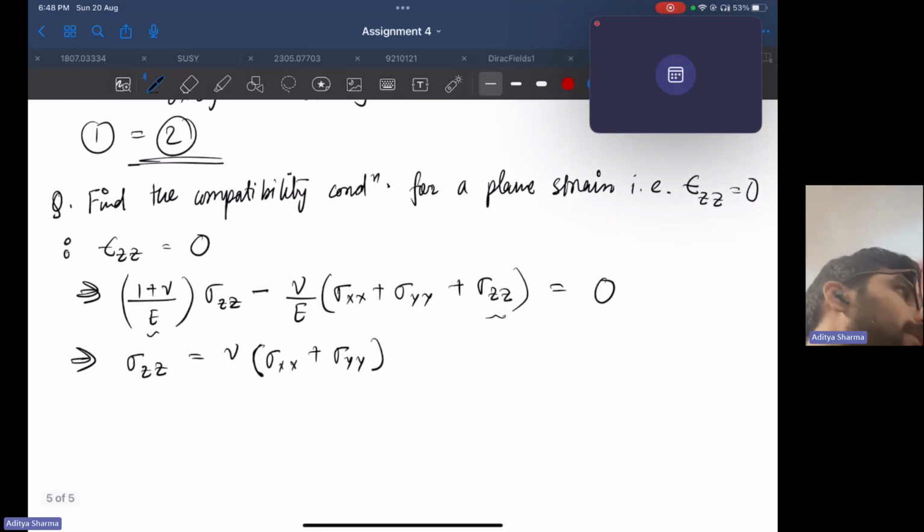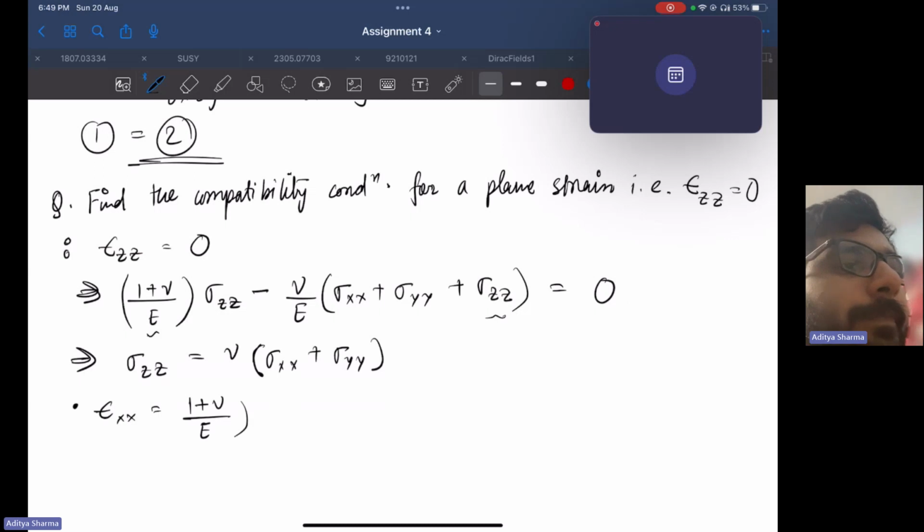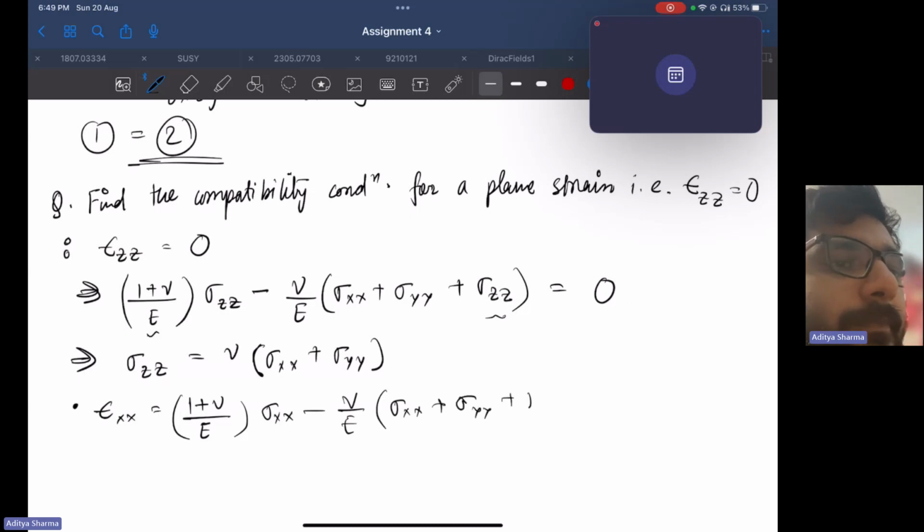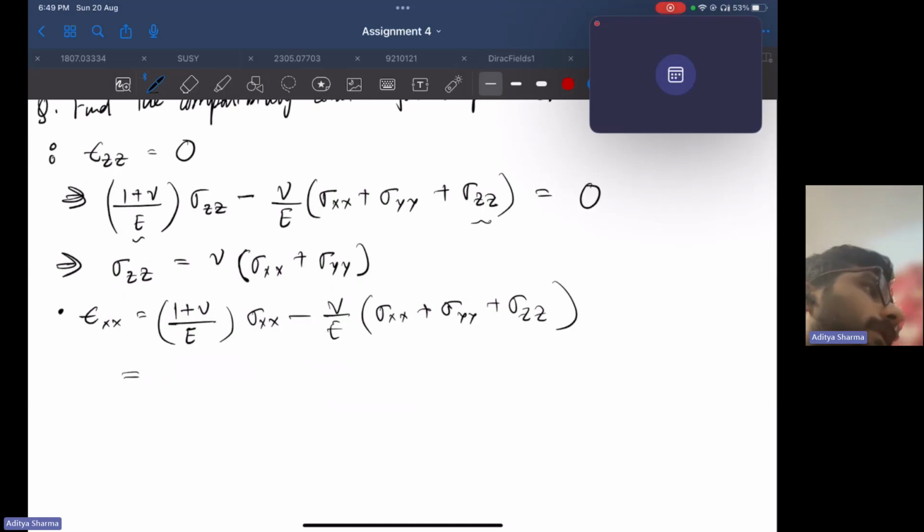Okay, let's find that. Epsilon xx is equal to 1 plus mu by E sigma xx minus mu by E sigma xx plus sigma yy plus sigma zz.